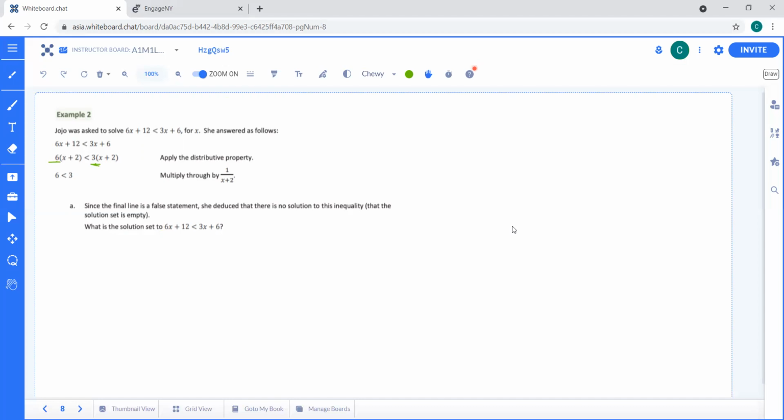Don't know about that. If I distribute property, multiply through by 1 over that. Is she correct?